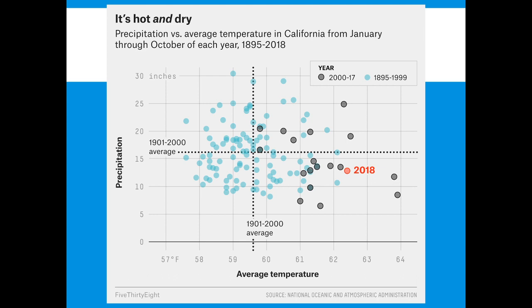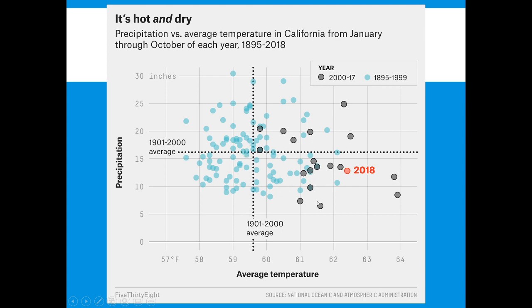And you can see the dark gray circles would be areas that are in the last, in 2000 to 2017. And you can see 2018 on that map, versus more of these being spread out towards the center averages. We are seeing outliers.